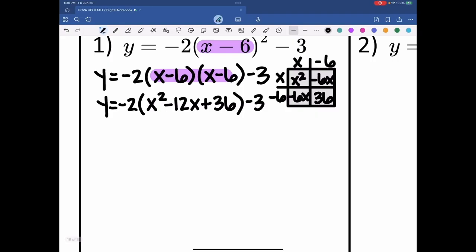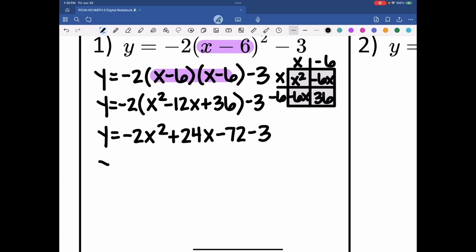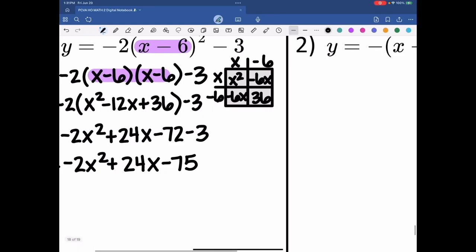So when we distribute that negative 2, this becomes negative 2x squared plus 24x minus 72 minus 3, and then combine those last pieces together. So negative 2x squared plus 24x, and then minus 75. And again, you can check that and see if the graph matches and shows the same quadratic.